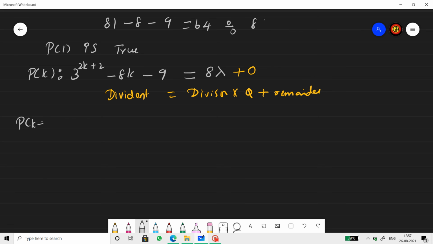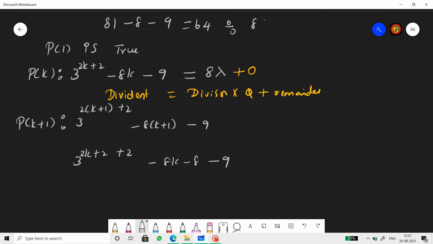So P of k plus 1 would be 3 to the power 2 times k plus 1 plus 2 minus 8 times k plus 1 minus 9. That means we get 3 to the power of 2k plus 2 plus 2 minus 8k minus 8 minus 9. Now since we assumed k is true, we have to prove k plus 1 also true, isn't it?